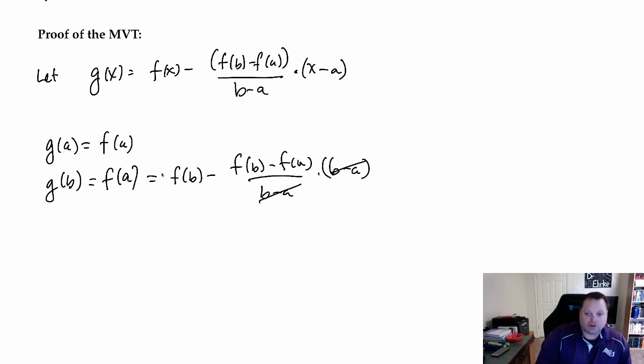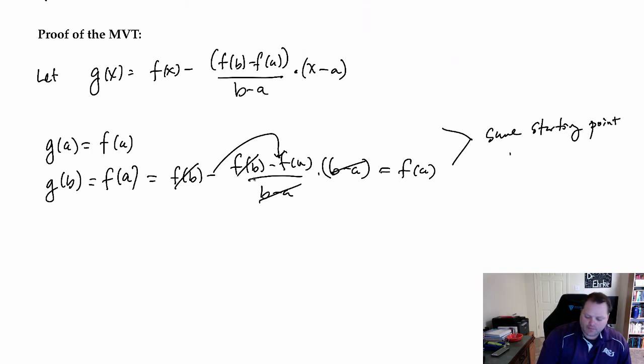Well, those cancel, and then f of b minus f of b, those cancel, leaving you with the negative of the negative f of a, so you just get f of a. The point I'm trying to make is the function g has the same starting point as it has ending point.